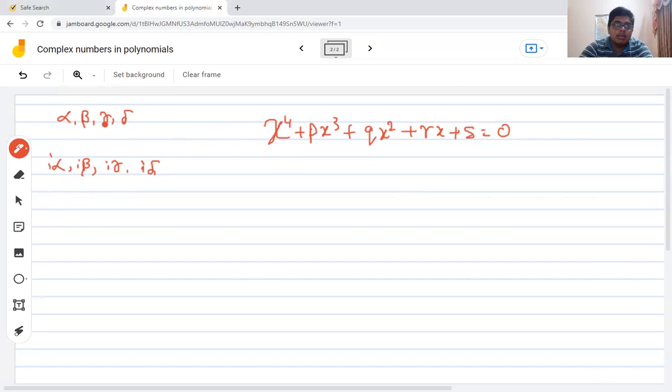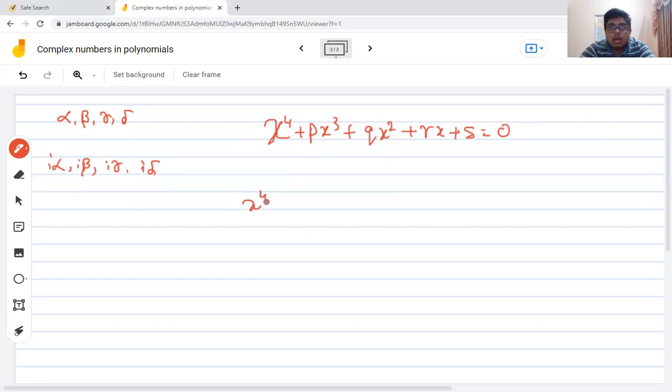If I sum up alpha, beta, gamma, delta, taking one at a time, I get negative p by 1, so it's negative p. Now, if we add up i alpha, i beta, i gamma, and i delta, we get i times (alpha + beta + gamma + delta), so now it's i times this, i times p.